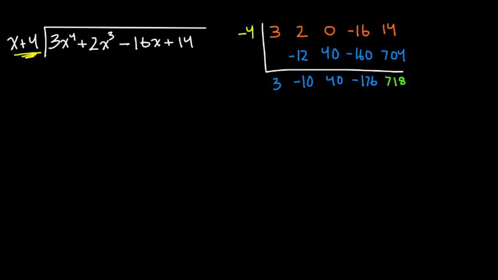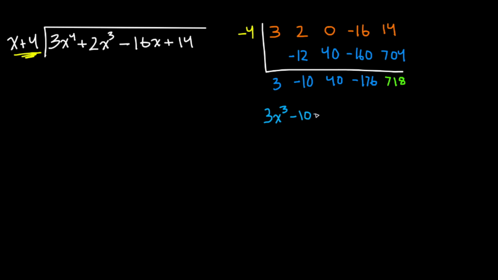So now let's just in fact write down what our final answer was. So we know that we're dividing an x to the fourth polynomial, or fourth degree polynomial, by a first degree polynomial. So that will result in an x cubed. So we have 3x cubed as our first one, and then we can move from there.